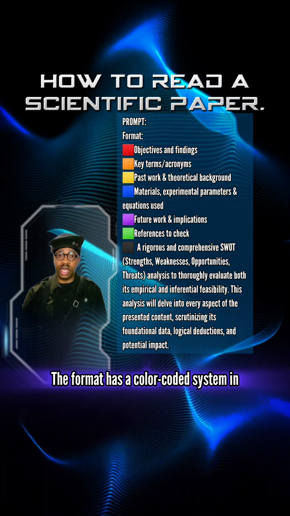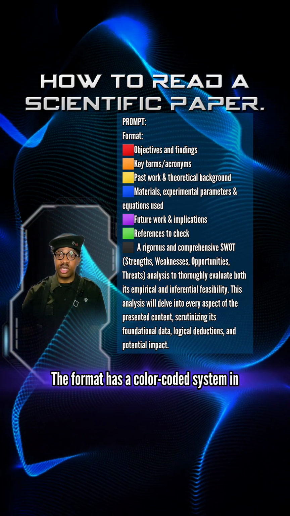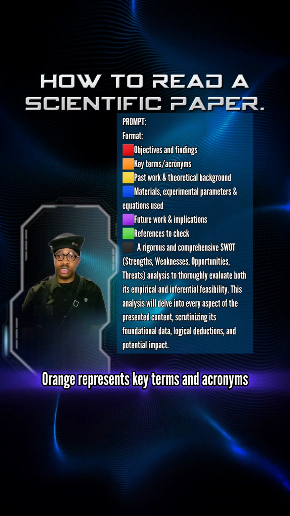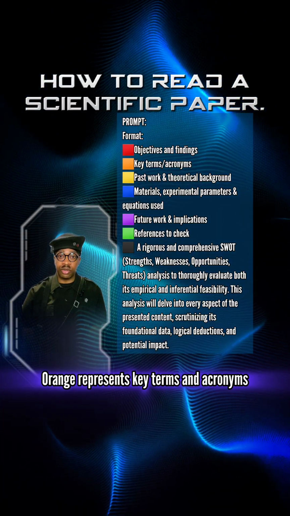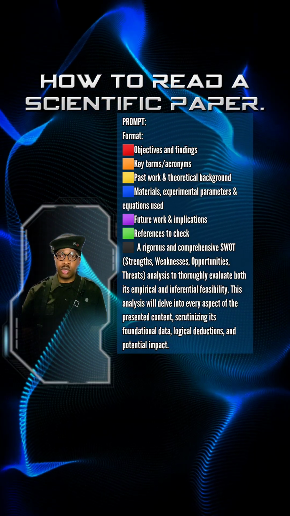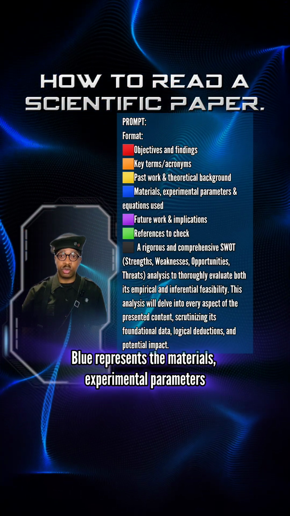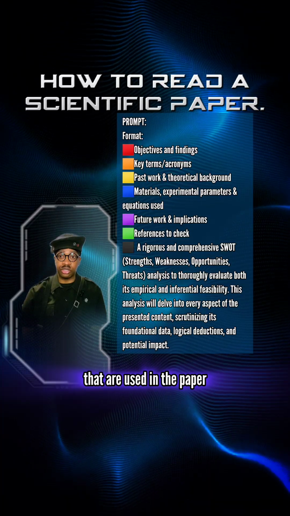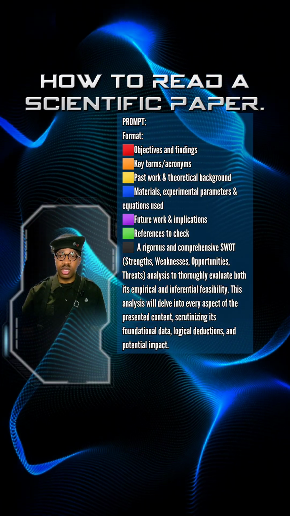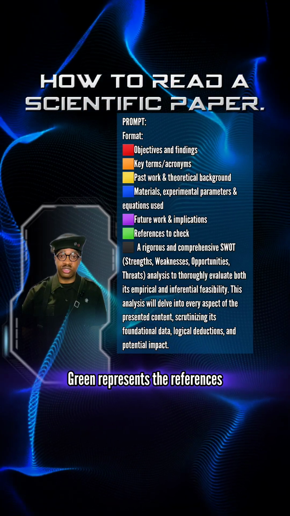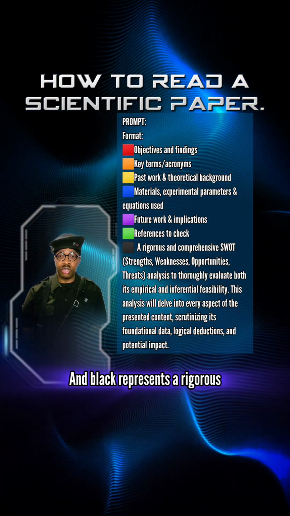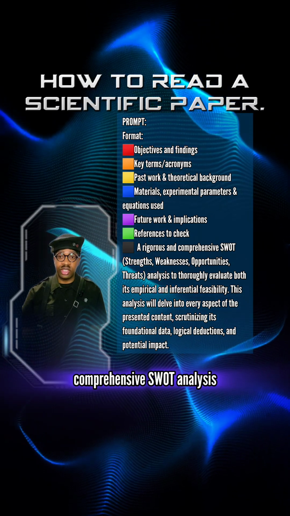The format has a color-coded system in which red represents objectives and findings, orange represents key terms and acronyms, yellow represents past work and theoretical background, blue represents the materials, experimental parameters, and the equations that are used in the paper, purple represents future work and implications, green represents the references that must be checked, and black represents a rigorous, comprehensive SWOT analysis.